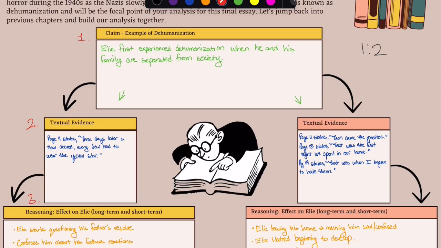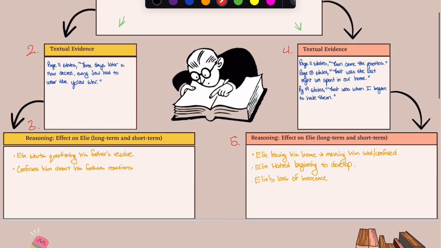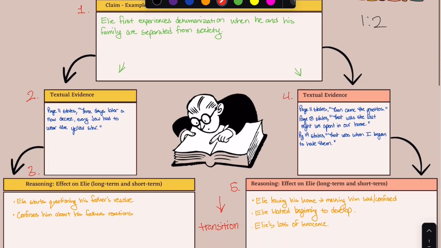And then another piece of evidence, which is going to be number 4. And then lastly, your reasoning, followed by your transition, which is number 6. Okay, so there's our first paragraph.